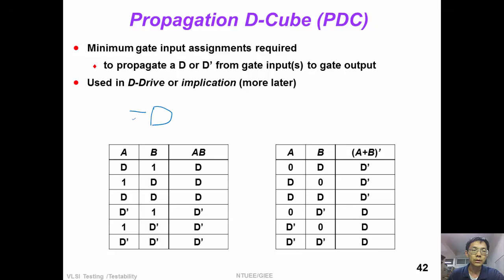Let's see an example. Suppose we have a 2-input AND gate. To propagate the D from gate input to gate output, we will need a 1 in the side input. Or alternatively, we could have 2 Ds at the gate input.